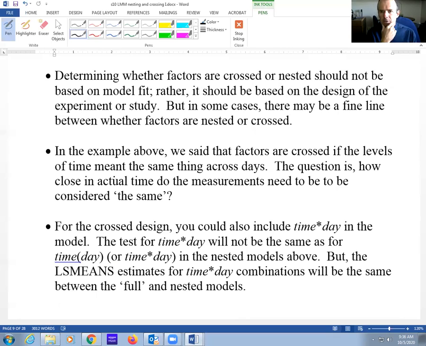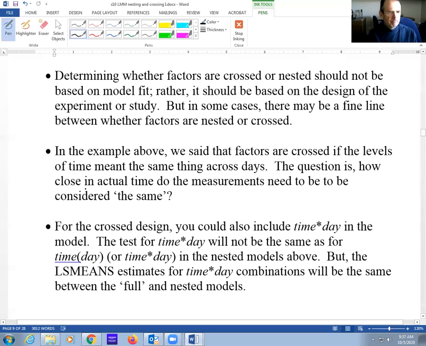So there's some judgment involved. You want to write the model that's appropriate for the design. If the times are close enough, then maybe the crossed approach is sufficient. But if you have information suggesting they took it at 5 a.m. one day and then 10 another and so forth, then you want to maybe consider the nested approach.